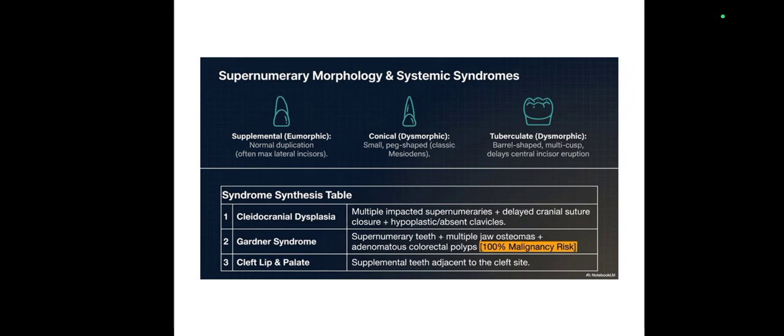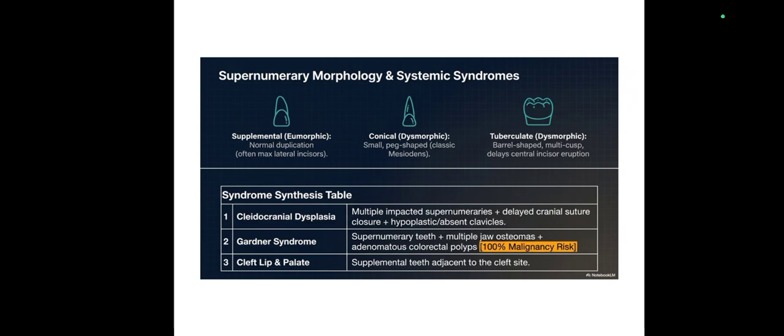Gardner syndrome is characterized by supernumerary teeth, multiple jaw osteomas, and adenomatous colorectal polyps, which carry 100% risk of malignancy if left untreated. Cleft lip and cleft palate often present with supplemental teeth adjacent to the cleft side. Know these associations inside out and you'll easily pick up these high yield points.